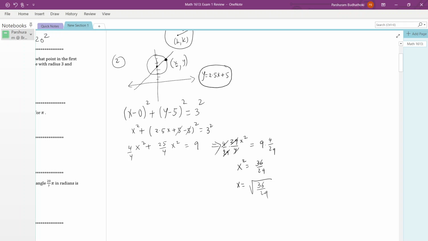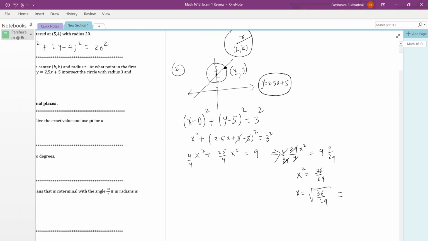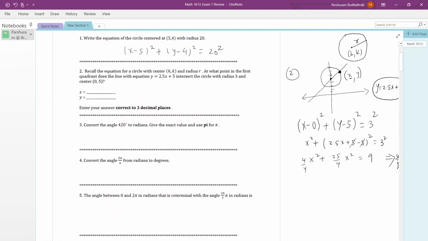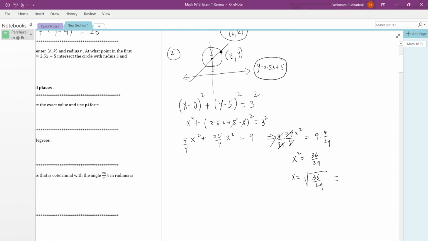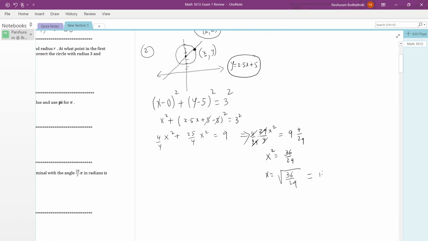The square root of 36 over 29 will be 1.11417. So I'm just going to use 3 decimal places. So x would be 1.114. So that's the x coordinate of that point.